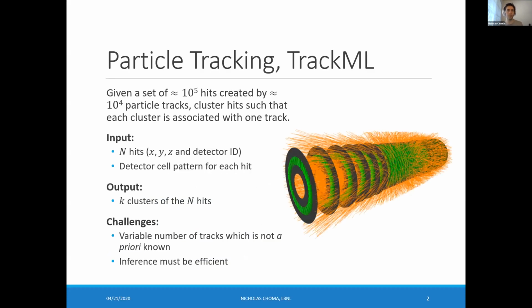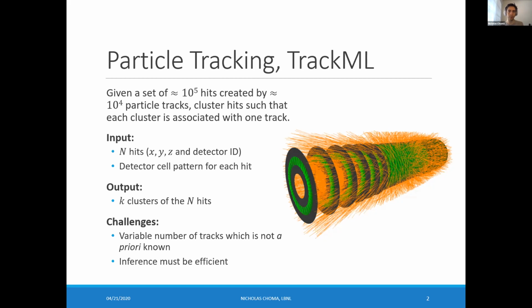Just to give a refresher on the TrackML data set, we have about 100,000 hits on the detector created by about 10,000 particle tracks. Given these hits, where each hit has an XYZ location and some information about what pattern it left on the cell, we want to cluster the hits into K clusters.